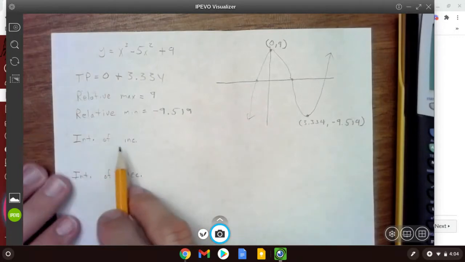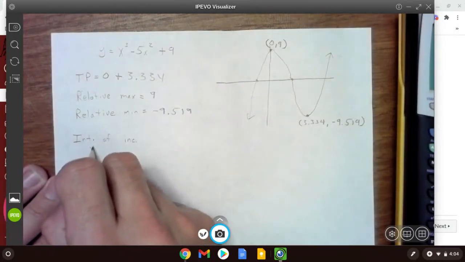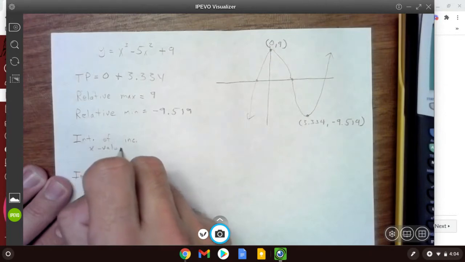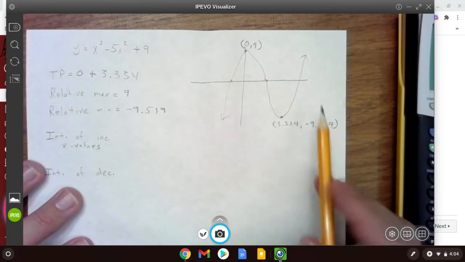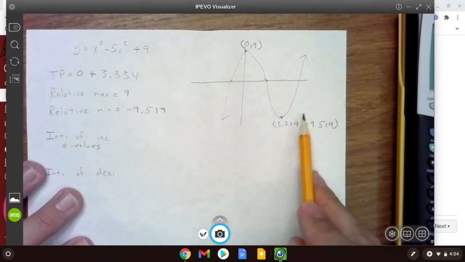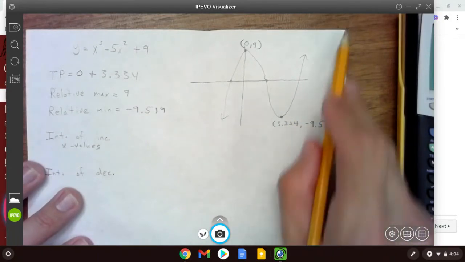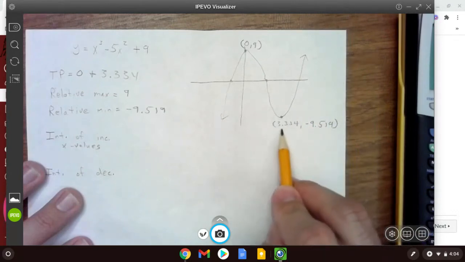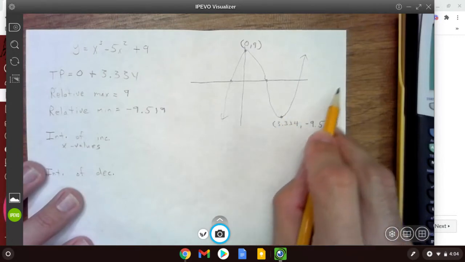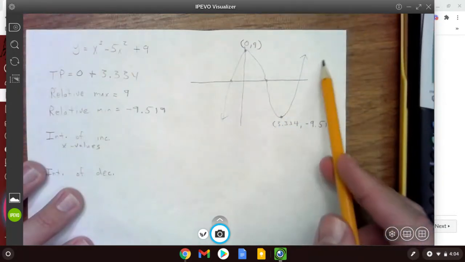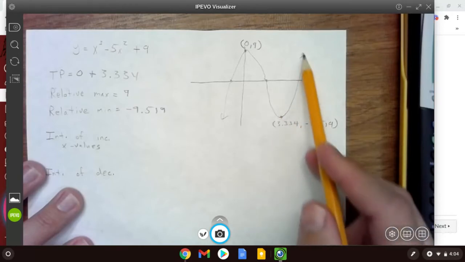And then the interval of increase. Remember, this is all of the x values for which this function is increasing. So from here to the right, this function is going uphill. As you move from 3.3 to say 4 or 5, going to the right, this function is going uphill, or you could say it has a positive slope.